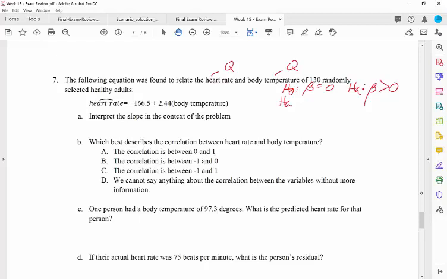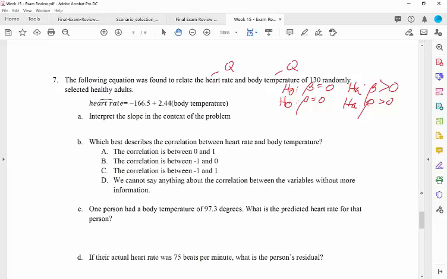If we talked about correlation, we use rho, not beta. What it's measuring is the linear relationship.